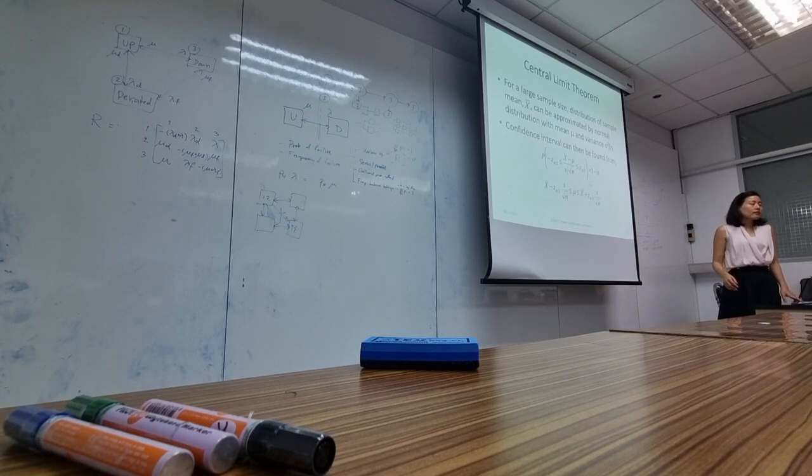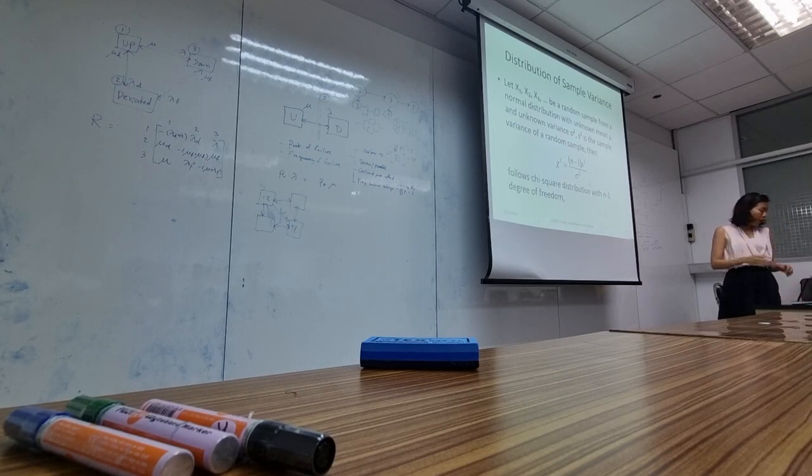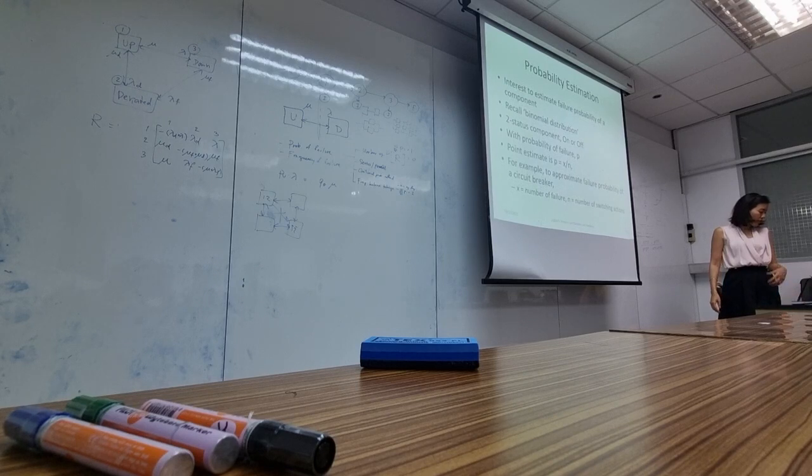Why is it important? We will do that in the simulation, and we will stop the simulation when the coefficient of variation is small. These are the distributions that they use to do the sample variance.